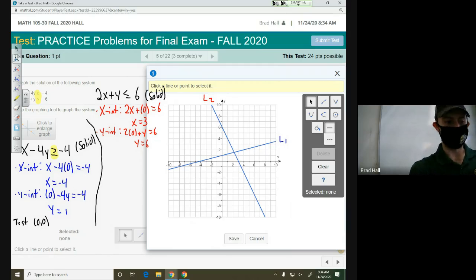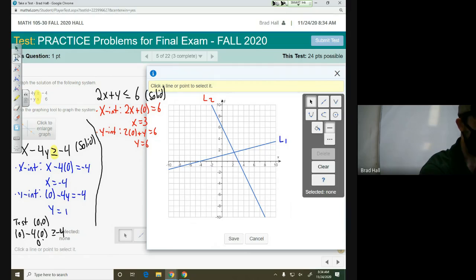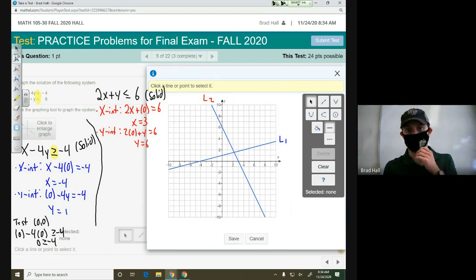Well, let's see, for the blue line, when we test 0, 0, what we get is 0 minus 4 times 0 is greater than or equal to -4. And ultimately, 0 is greater than or equal to -4, which is a true statement.